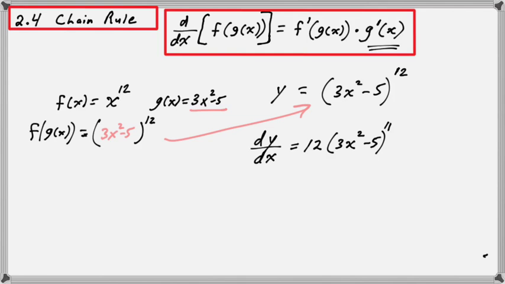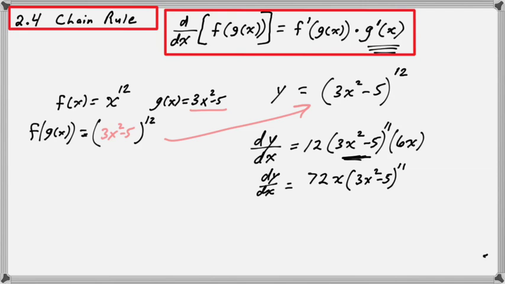The chain rule, right here, times the derivative of the base. What's the derivative of this base? 6x, right? 6x minus 0. So 12 times 6, your derivative would be 72x times this base to the 1 less power. The only thing that's changing is now you're adding the derivative of the base.